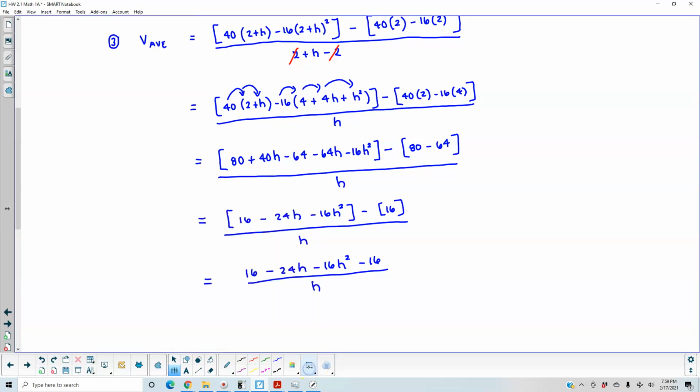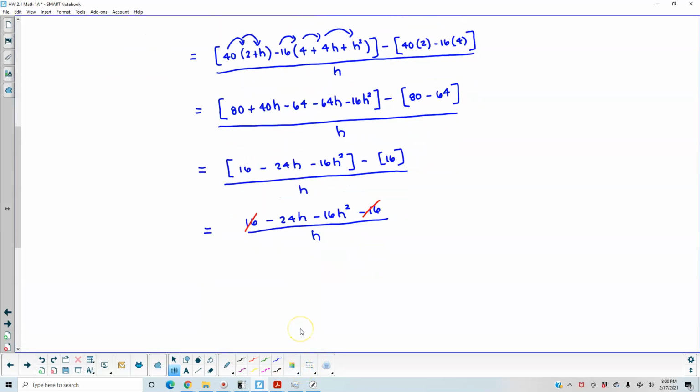And so we know that the 16s equal 0. In our numerator, we can factor out an h, and what's left is negative 24 minus 16h, and then divide that by h.